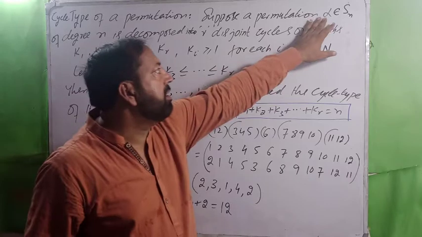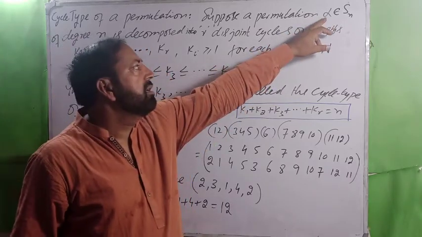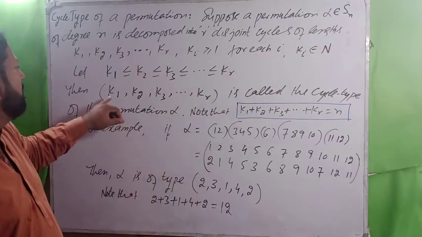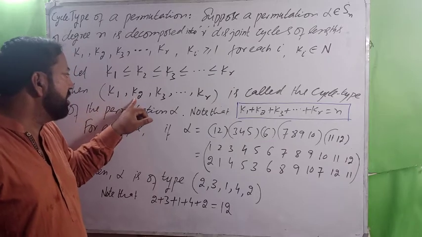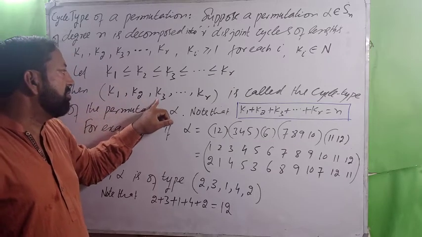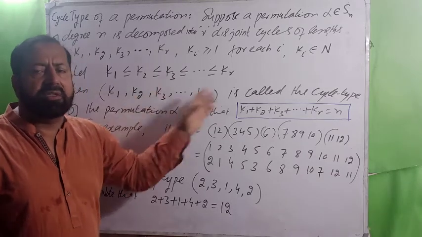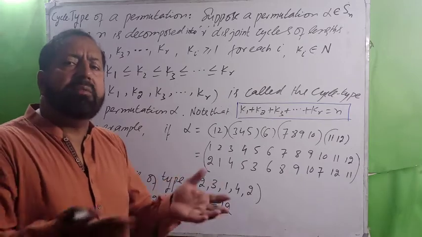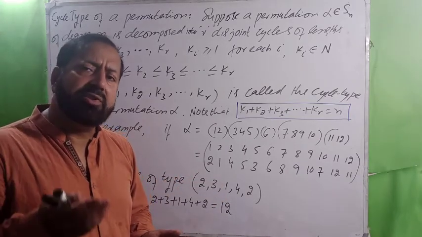So we will say that alpha is of the type k1, k2, up to kr, which means that this alpha contains a cycle of length k1, a cycle of length k2, a cycle of length k3, and so on, a cycle of length kr, where of course these are integers, right? So you can decompose any permutation alpha into disjoint cycles.